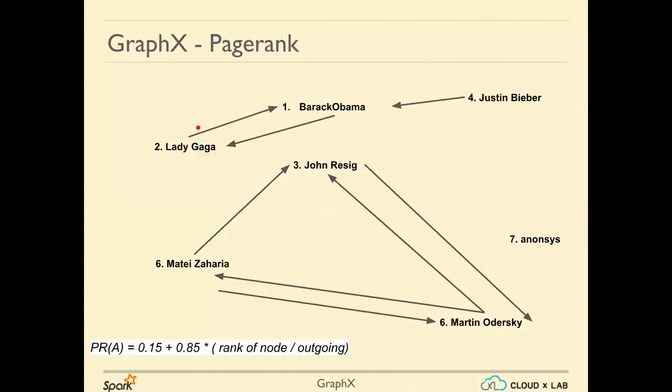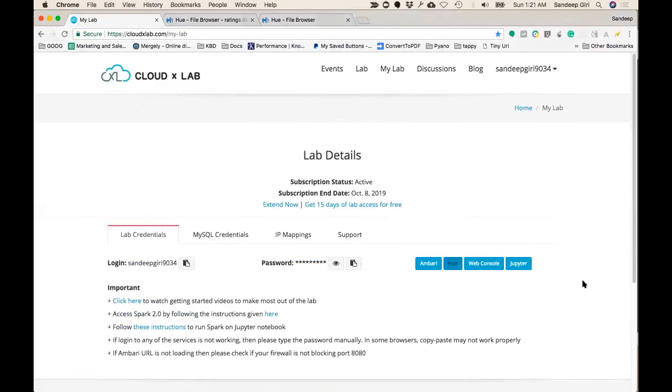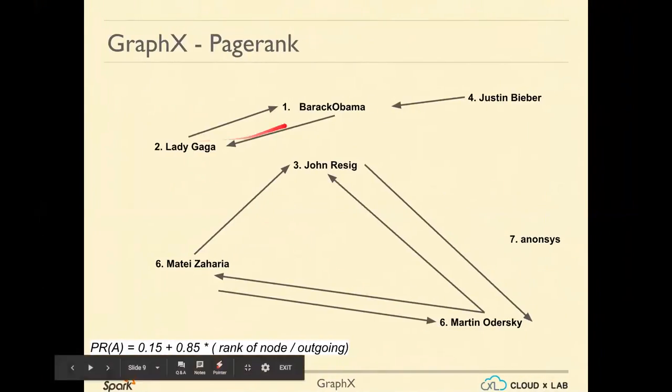Let's just talk about this first graph. Out of Barack Obama, Lady Gaga, and Justin Bieber, who is the most important person? Or who is the least? Let's just start with the least. Who is least out of these three people?